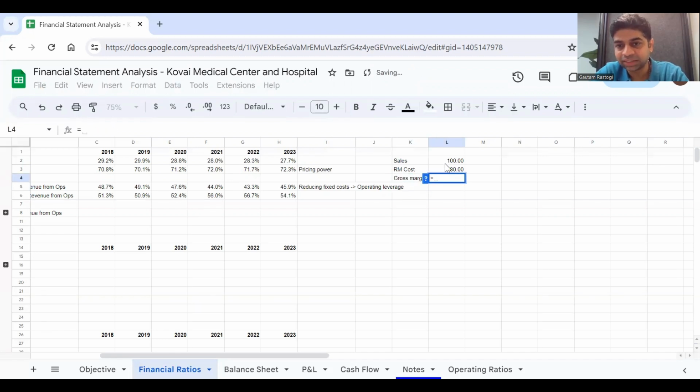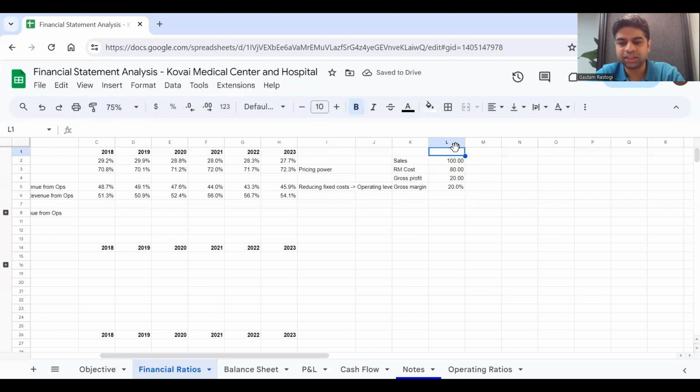It's 100 minus 80, right? So that's 20. Sorry, this is the gross profit, I apologize. This is the margin: 20 over sales, so 20%.